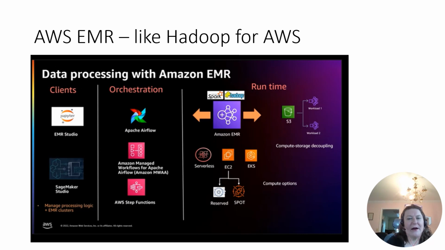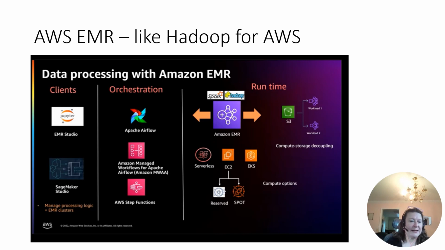Another example architecture for AWS is the EMR data platform. EMRFS is very much like HDFS, the Hadoop file system. It's just a little bit better, a bit faster, and better integrated with AWS tools. So on the left-hand side, EMR Studio or SageMaker Studio may be bringing in data, and then you might have a data pipeline orchestrated in Apache Airflow or in Amazon Managed Workflows for Apache Airflow, which is called MWAA.